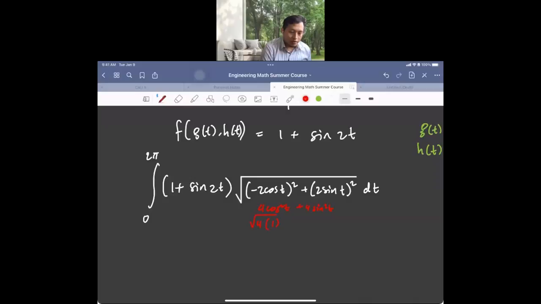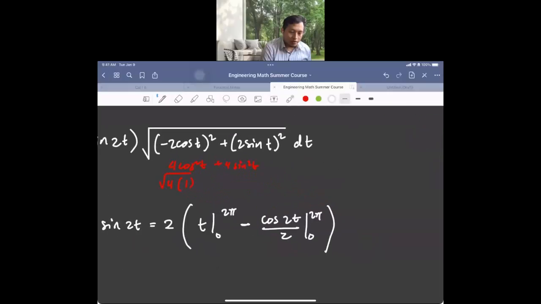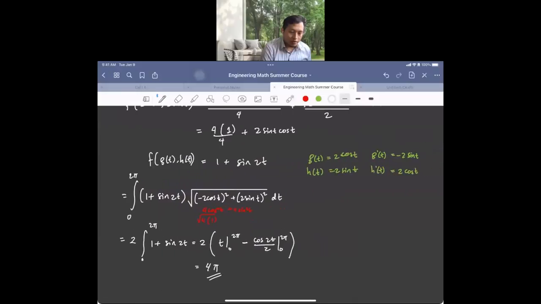So we have 4 times 1, and the square root of 4 is 2. So let me write 2 outside. The integral of 1 plus sin 2t gives t plus or minus, because when we integrate sine we get negative cosine, and this part will be 0, so we have 4 pi.